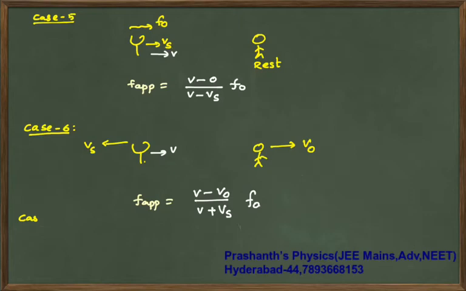Alright. So, next is case 7. Your source is moving this way. Observer is moving this way with speed V naught. Now, in this case, what is your apparent frequency?